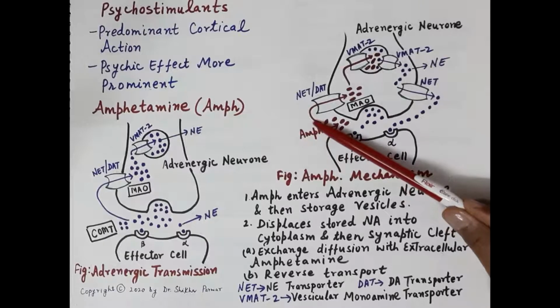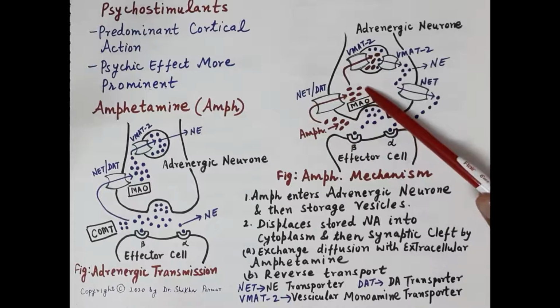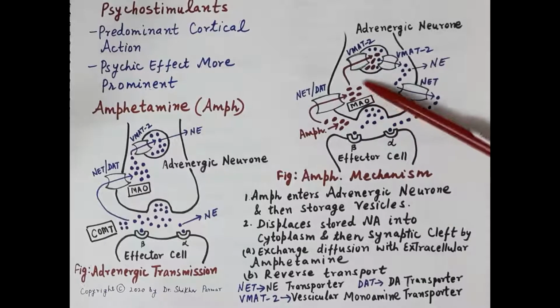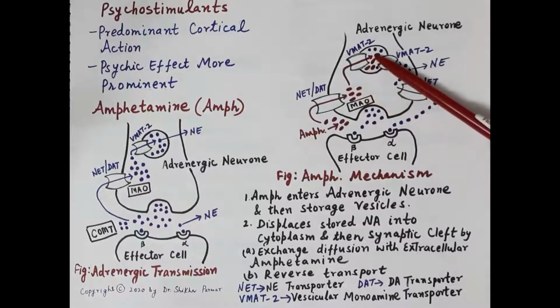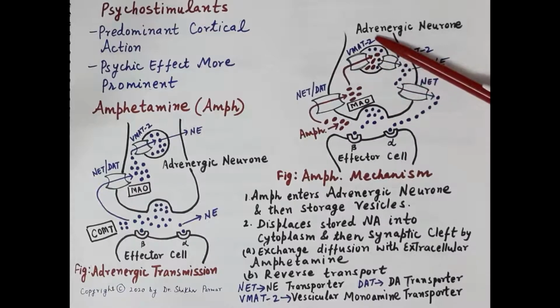Amphetamine, by utilizing the NET, that is the norepinephrine transporter, enters inside the adrenergic neuron, and further it enters the adrenergic synaptic vesicles utilizing the transporter, that is VMAT2, the vesicular monoamine transporter.